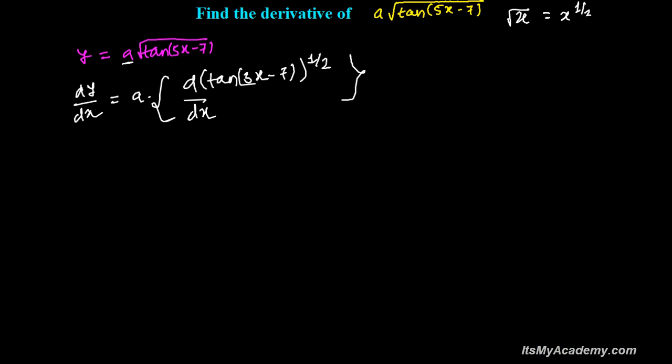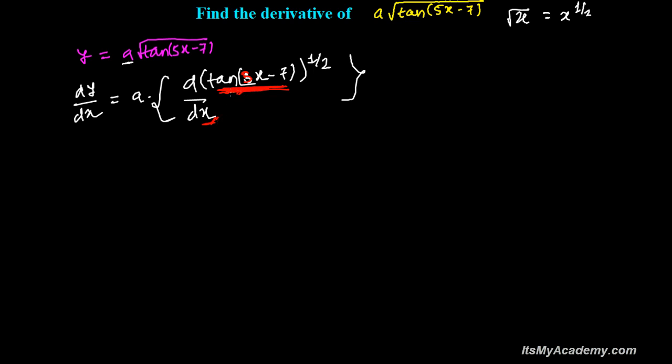But one thing is here again: tan 5x minus 7 is raised to the 1 by 2, and this tan 5x minus 7 works as a base whose power is half, but here we're differentiating with respect to x, so these two things are not going to match. We have to differentiate with the matching thing, which should be the base.